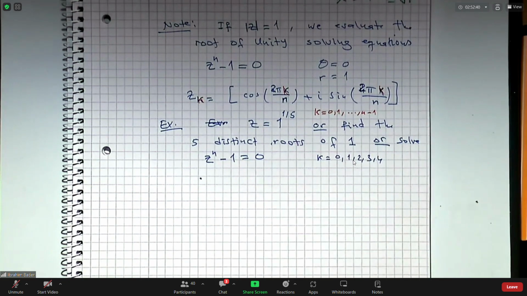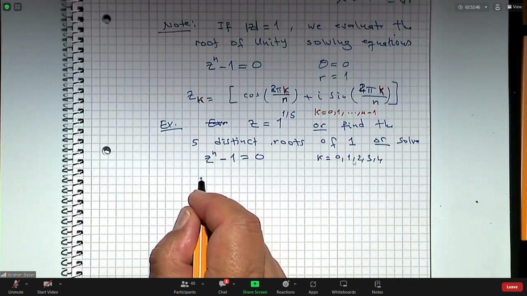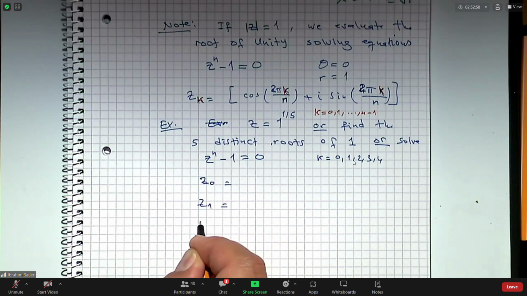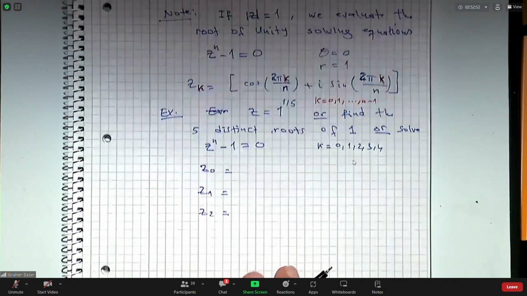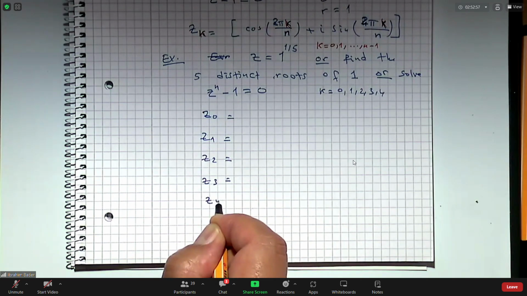I'm evaluating the 5 distinct roots, so I just plug each k into the formula. Very easy. So here you have z sub 0, z sub 1, z sub 2, z sub 3, z sub 4.